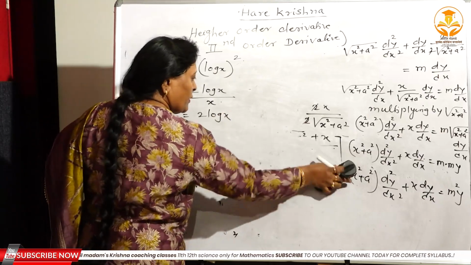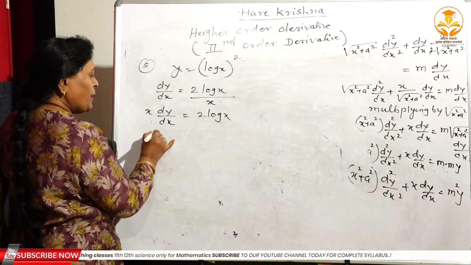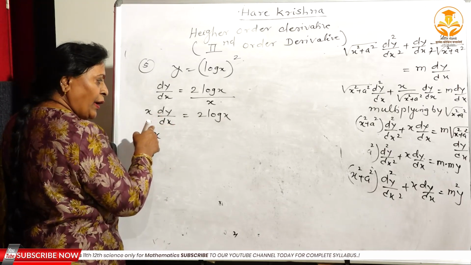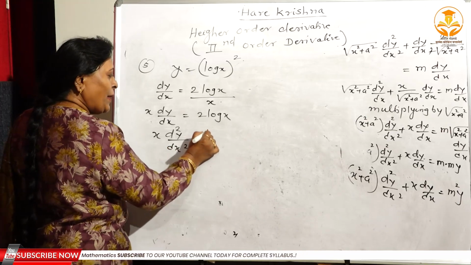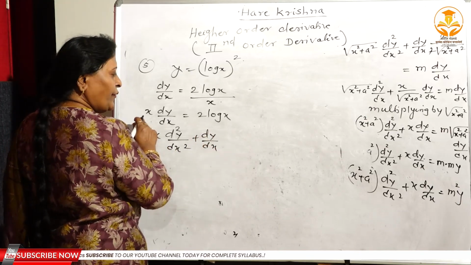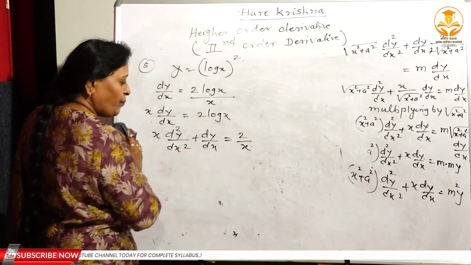Right? See, apply multiplication rule, x remains as it is. The derivative of dy by dx is d2y divided by dx square, plus dy by dx remains as it is. The derivative of x is 1 and here 2, the derivative of log x is 1 by x. Right?